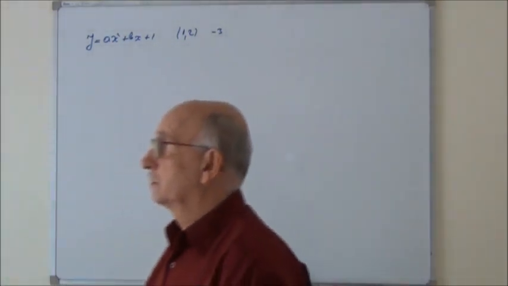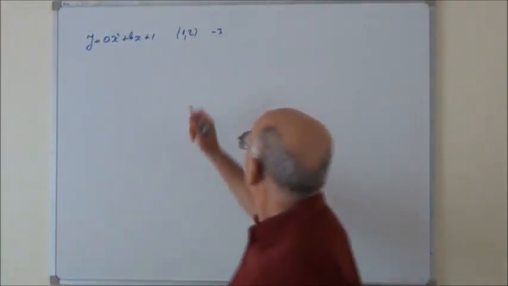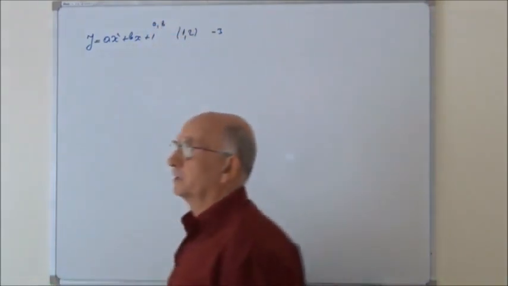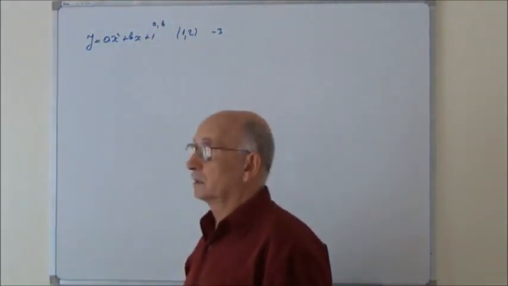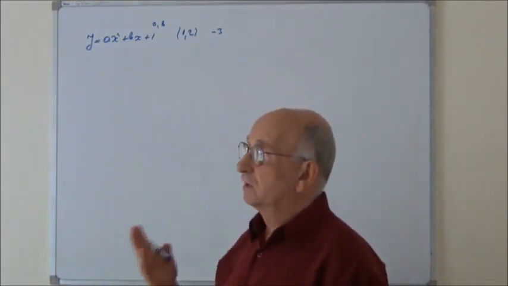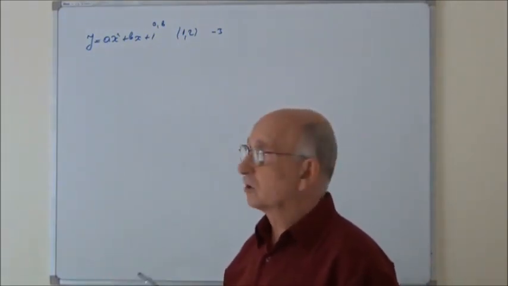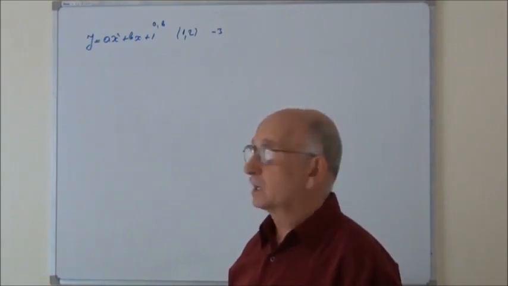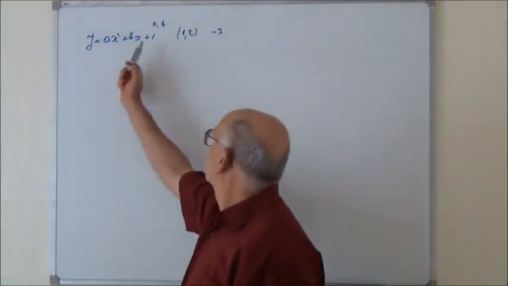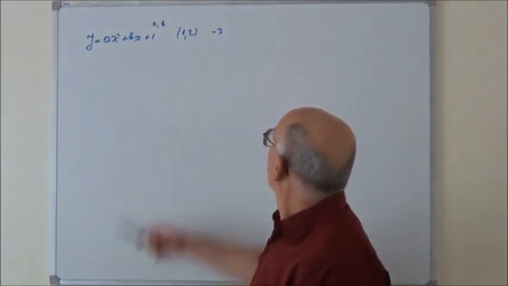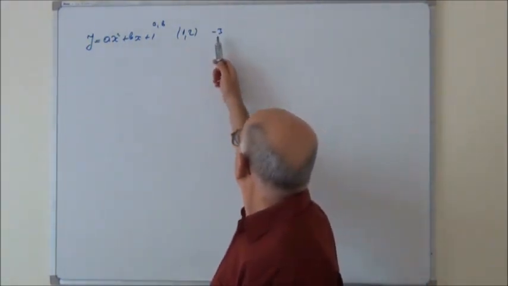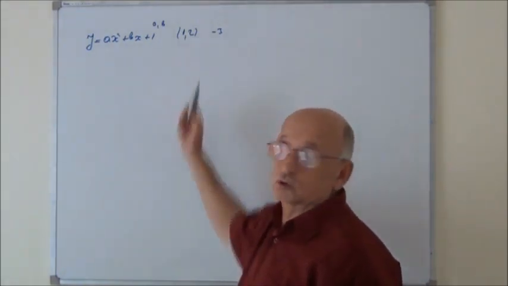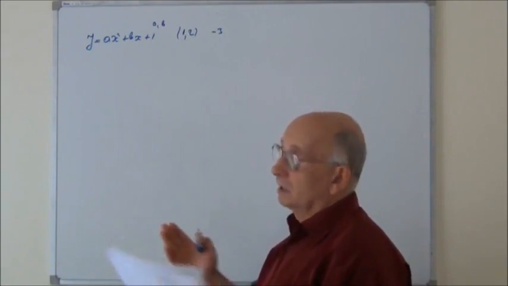When a question asks to find a, b or any other parameter in an equation, it can also be formulated in a different way, like: find the equation of the parabola in its standard form, given that it will have a gradient of minus 3 at the point (1, 2).